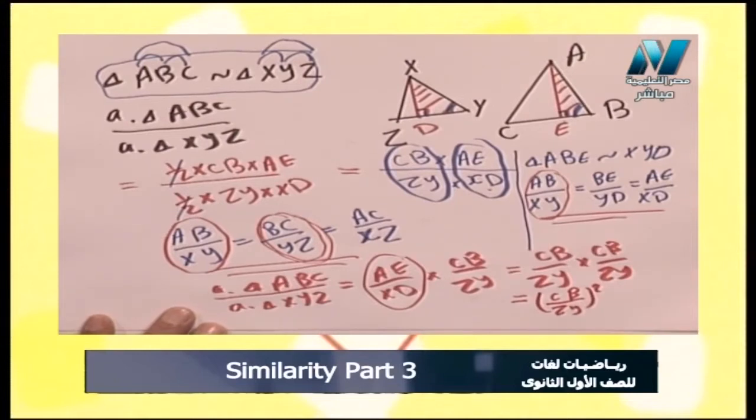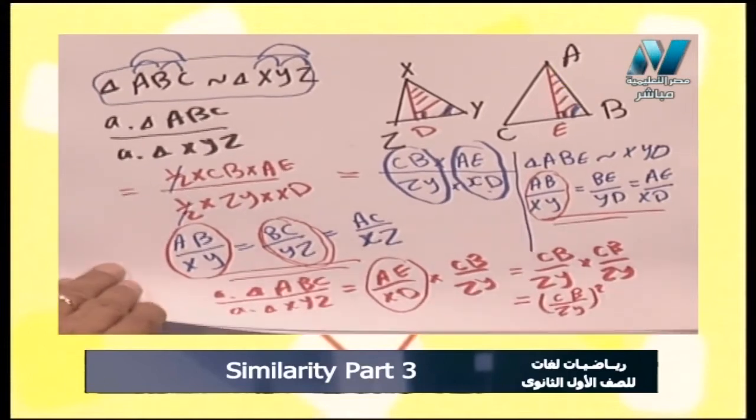So we can deduce now that the ratio between the area of triangle ABC to the area of triangle XYZ equals any ratio or any scale factor but power 2, or squared. Okay, my dear students, we can conclude this by the following. Look here with me.